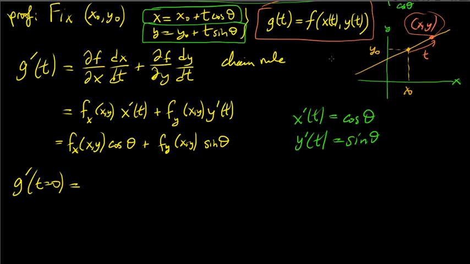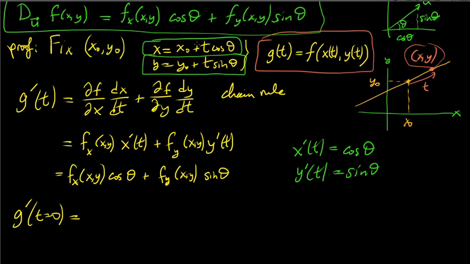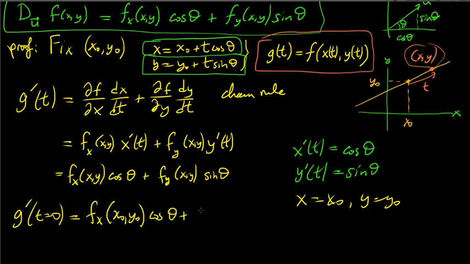So what happens at t equals 0? Well, remember, x is x0 plus t cosine theta. If t is 0, then x is just x0, right? And y is just y0. So now we get f subscript x, so the x partial of f at x0, y0, right, times the cosine of theta, plus the y partial of f at x0, y0 times the sine of theta.